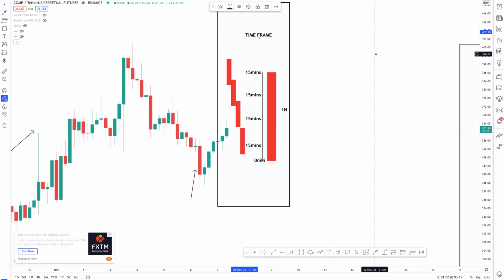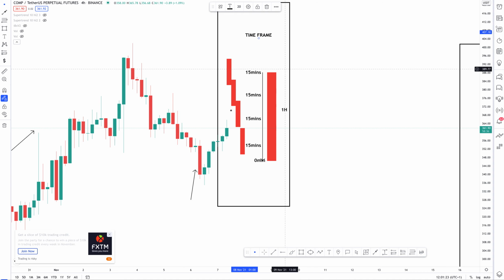Let's say, for example, you want to check a monthly chart, the month of, let's say, November, and you want to know what happened in the month of November.